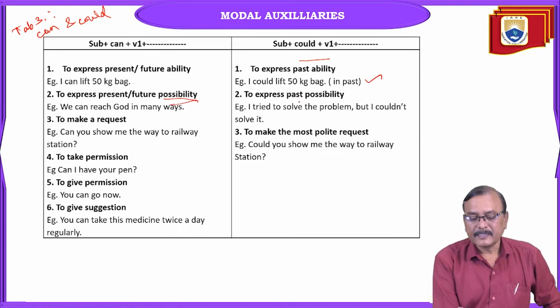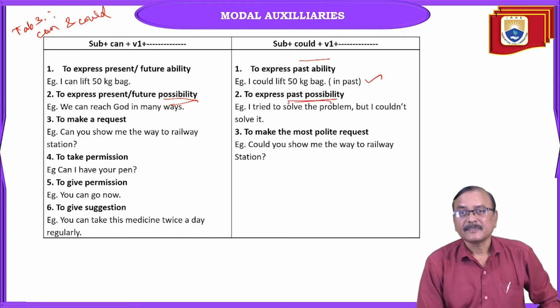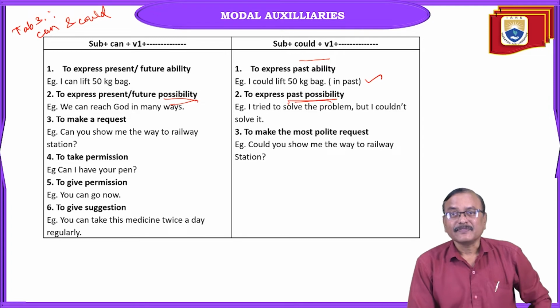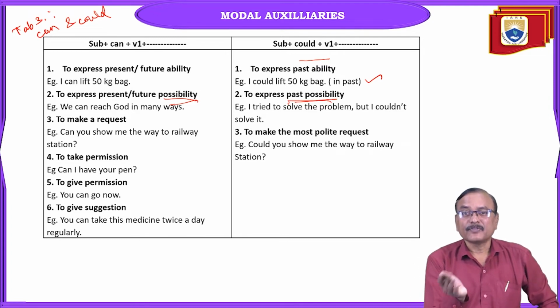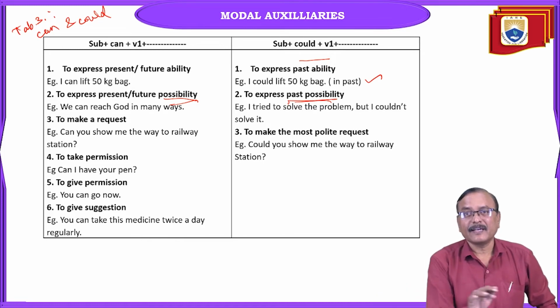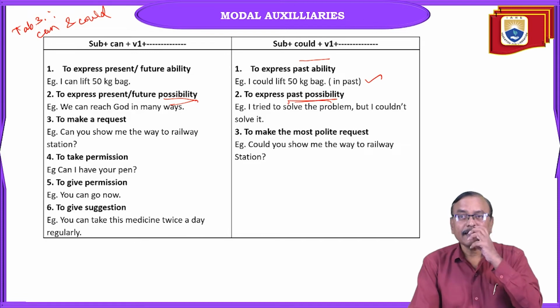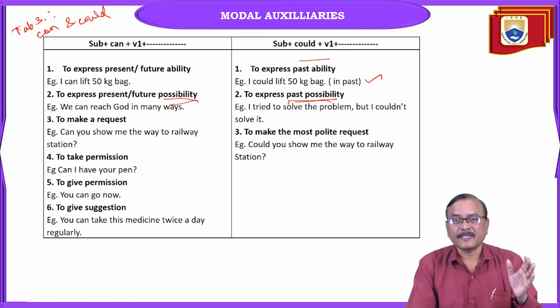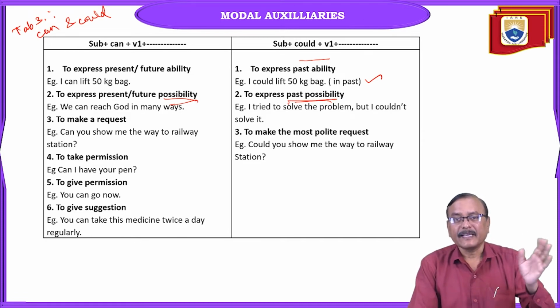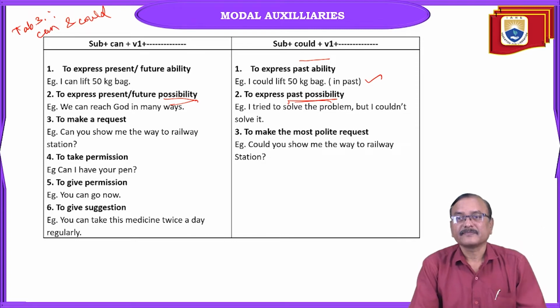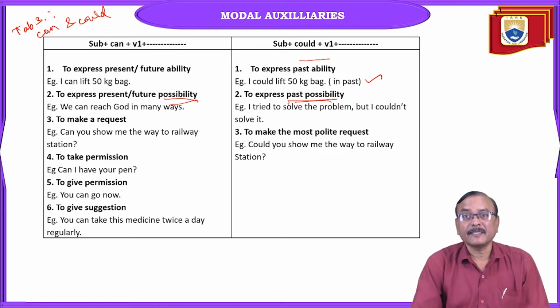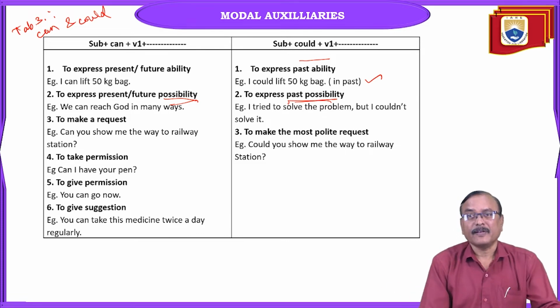And here, could plus V1 is to express past possibility. Remember, you can use would V1, will V1, could V1 or can V1 to express possibilities. To express present or future possibility, can V1 or will V1. To express past possibility, would V1 or could V1.